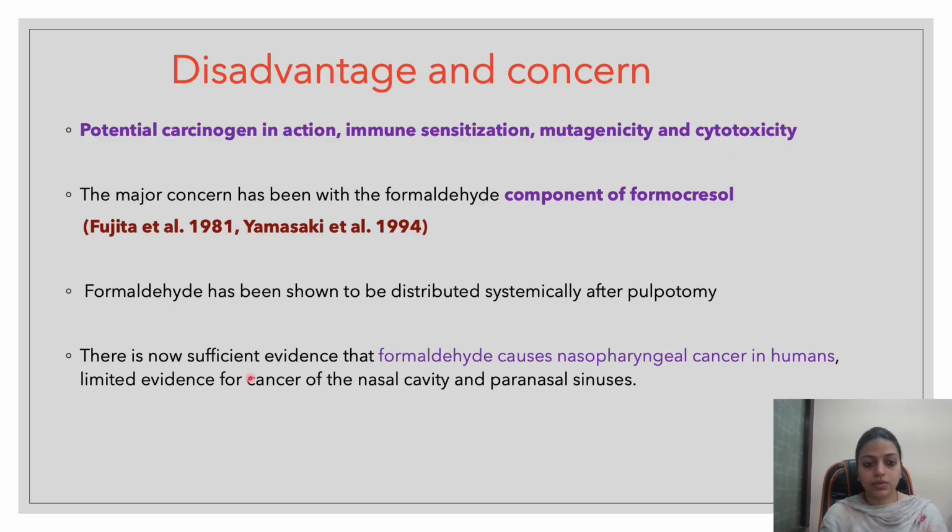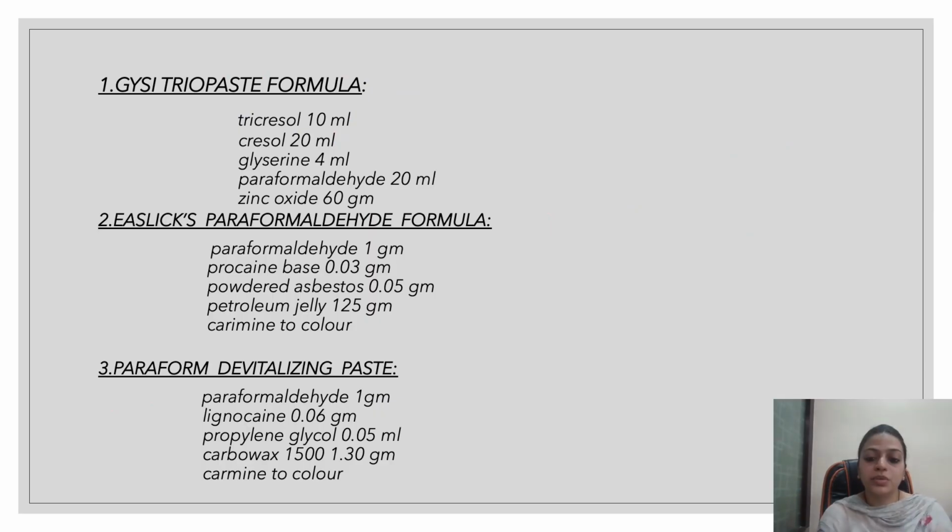There is a lot of research which has been done on this, and there is now sufficient evidence which shows that formaldehyde can cause nasopharyngeal cancers in humans. So that is a major disadvantage and concern which led to the introduction of other materials. Otherwise, this is still considered to be a gold standard in pulpotomy procedures.